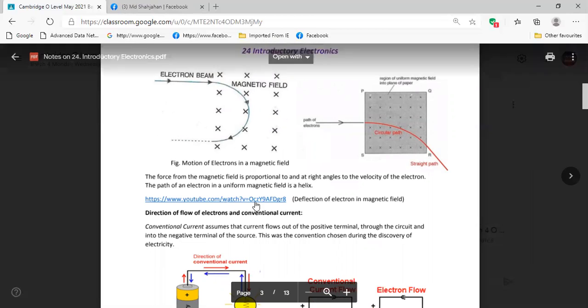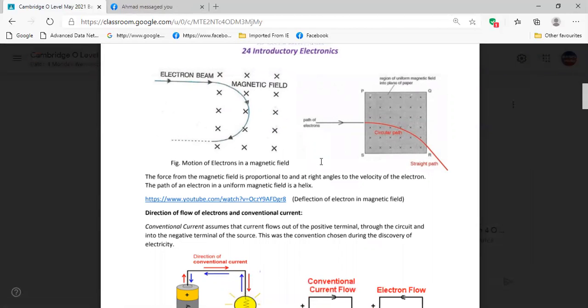Magnetic field is here into the paper. You see the right side diagram in focus. Magnetic field is into the paper. Then we have the path of electrons. That means it is working opposite of current direction, conventional current direction, isn't it?